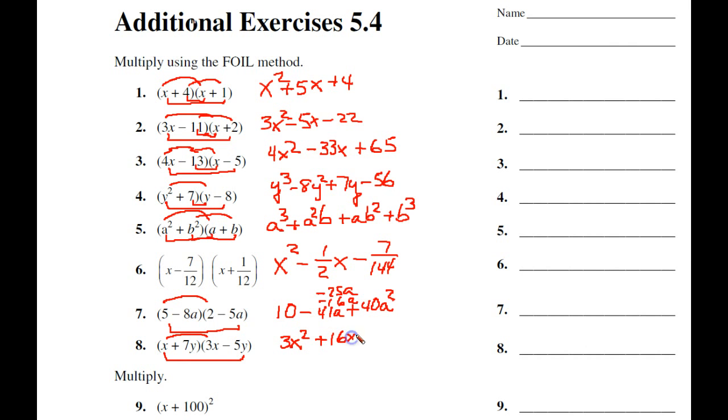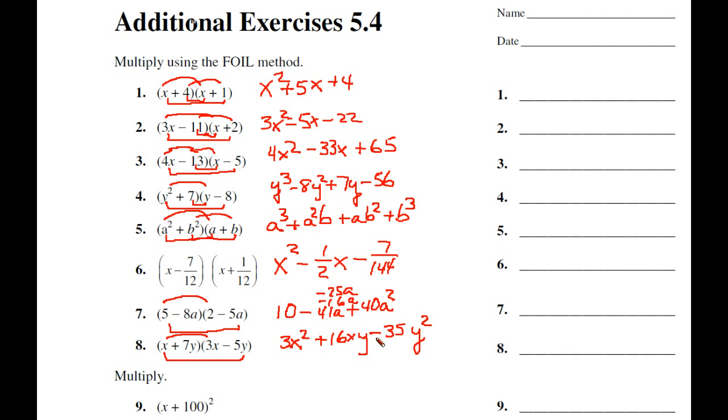But xy now. Then my last is a negative 35 y squared. And that is correct. Okay, so as we look at these, we're using that special technique of FOIL.